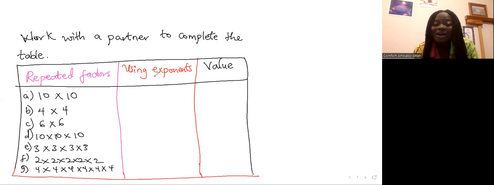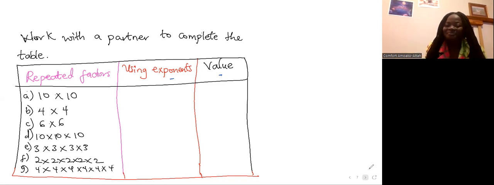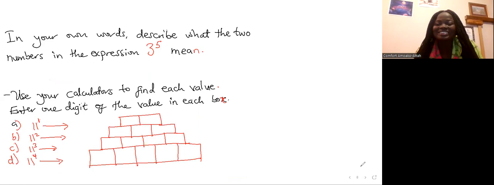So work it out using exponents and write the value over here. I believe you can do that. I'm giving you about 4 minutes. Use it to complete this table for me. Good. When you finish, you raise up your answers for me to look at.